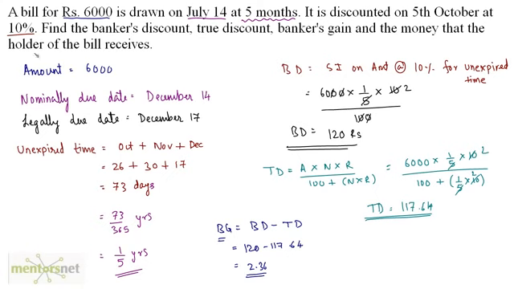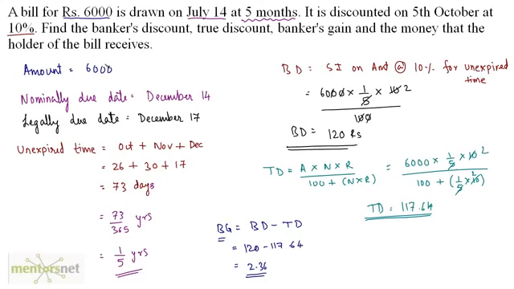Now lastly, we need to calculate how much money is given to the holder of the bill, right? So how much money is returned? Well, the money received by the holder of the bill will be the amount that was stated in the bill of exchange minus the banker's discount.